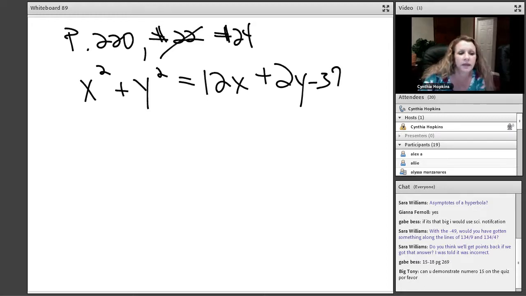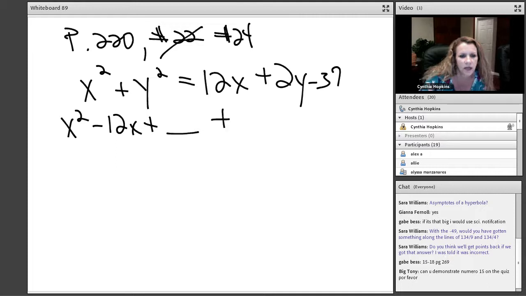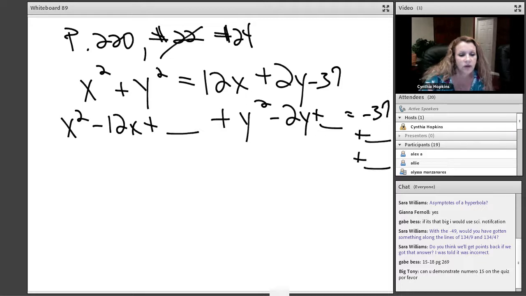Okay, so I'm going to gather up all my x's again. So x squared minus 12x. Now I'm going to write plus blank to complete the square. Next, I have plus y squared minus 2y plus blank, and then equals negative 37 plus blank, so I don't forget.